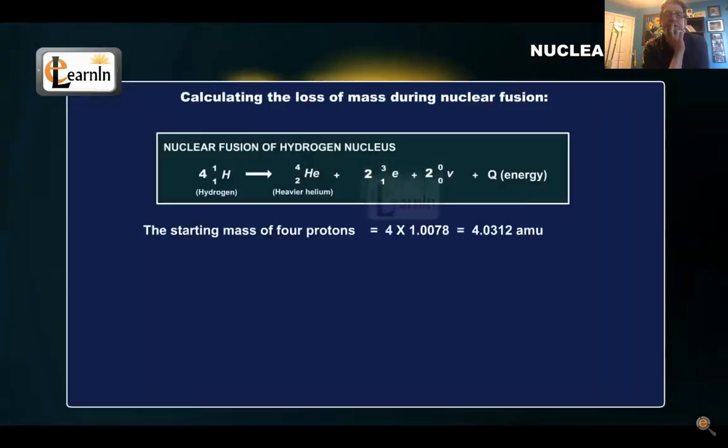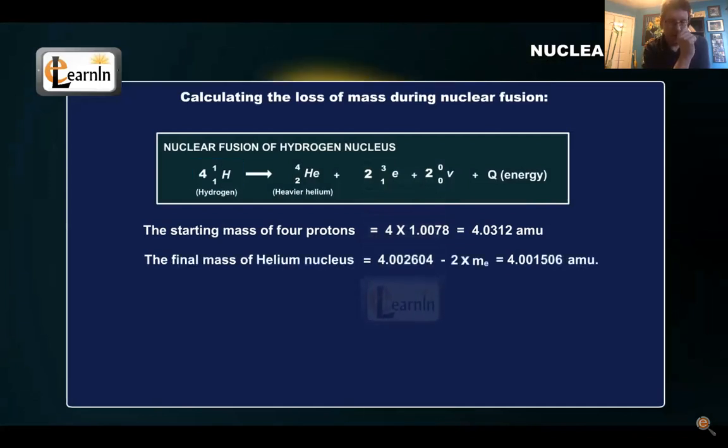The starting mass of the four protons is 4 times 1.0078, which is equal to 4.0312 AMU. But the final mass of a helium nucleus is 4.001506 AMU.